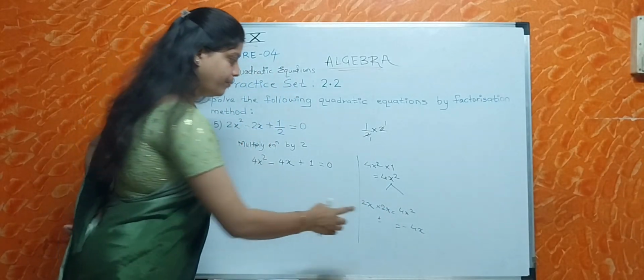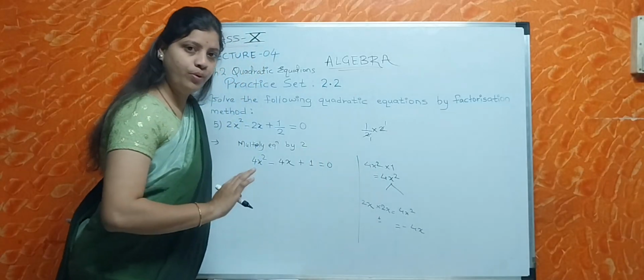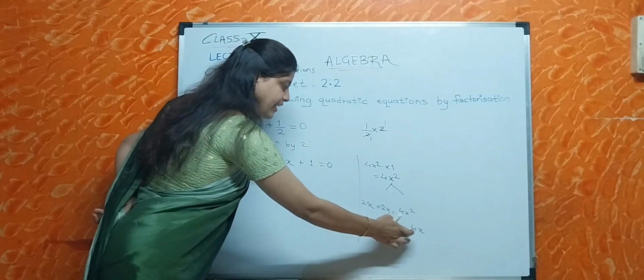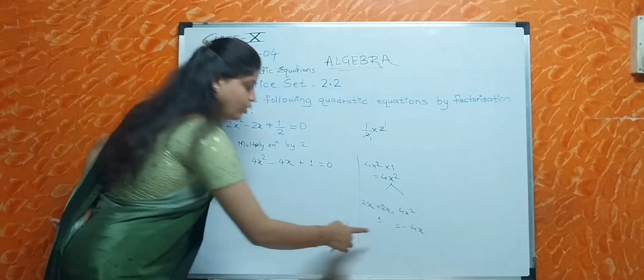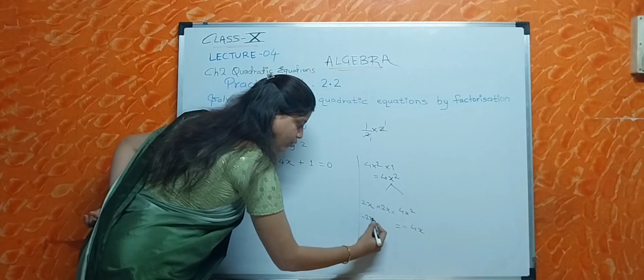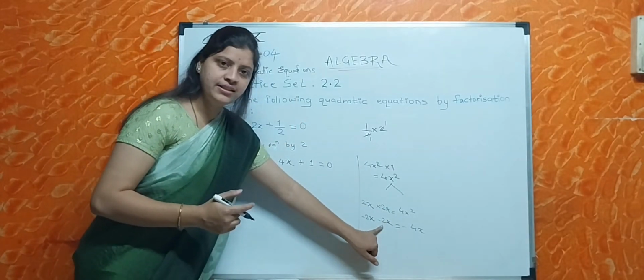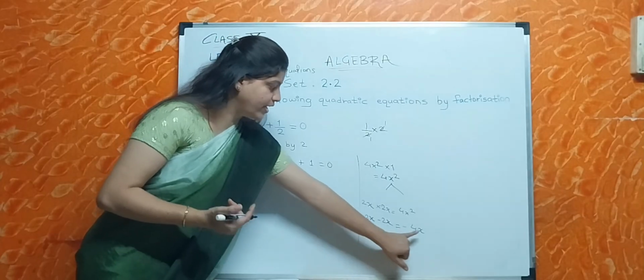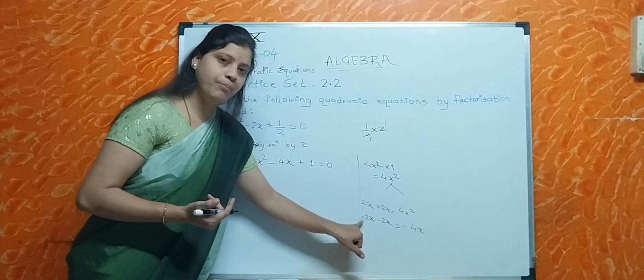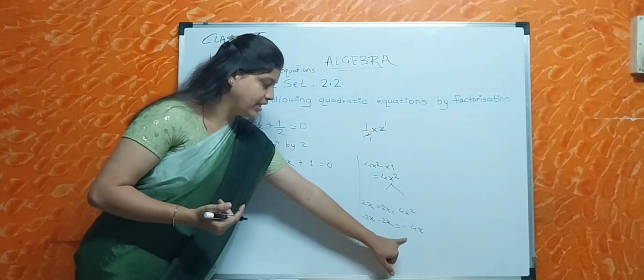But see here the sign is positive, no problem, but the sign of the middle term is negative. So we must give minus 2x, minus 2x. See, minus 2x minus 2x gives minus 4x.